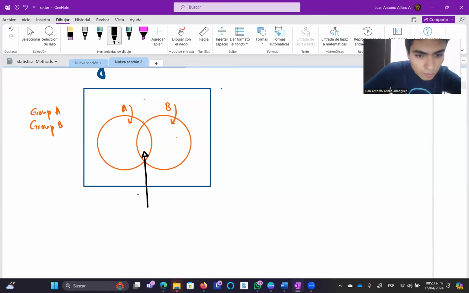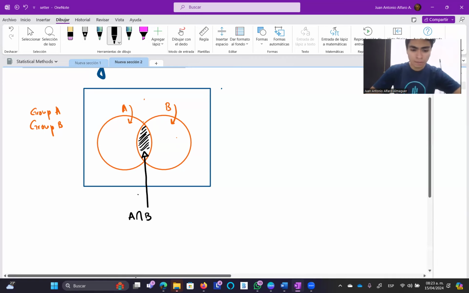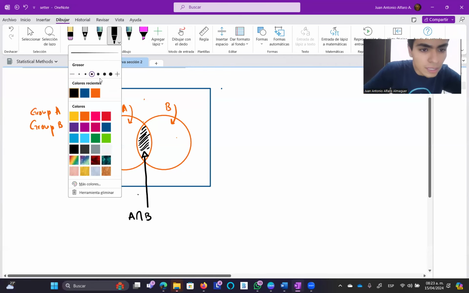When we are talking about the events or the data that is happening inside of both groups at the same time, we are using the sign of intersection. So this is A intersection B.